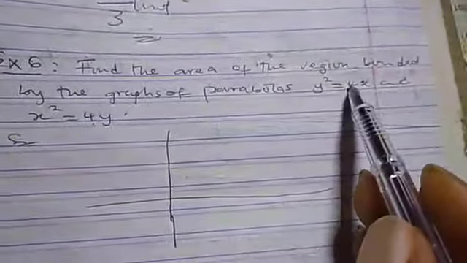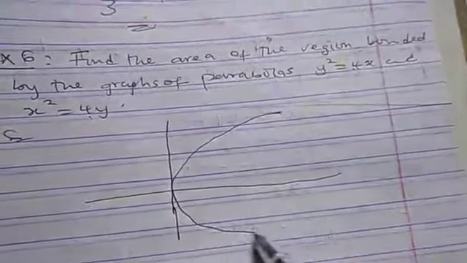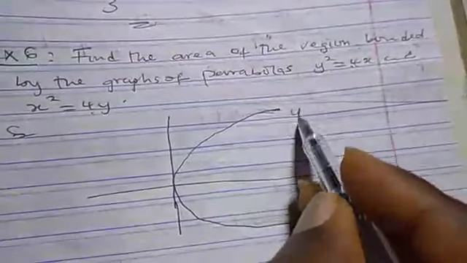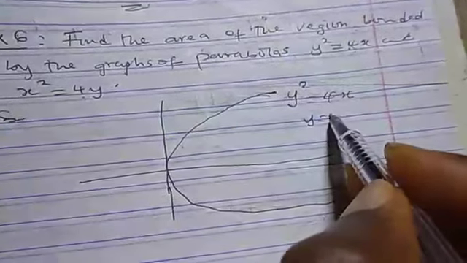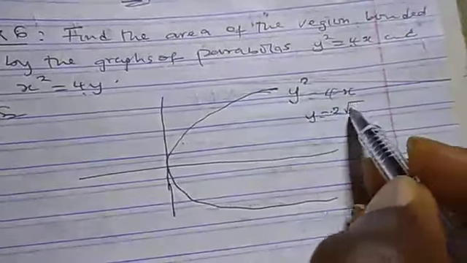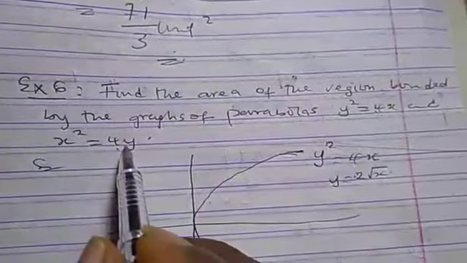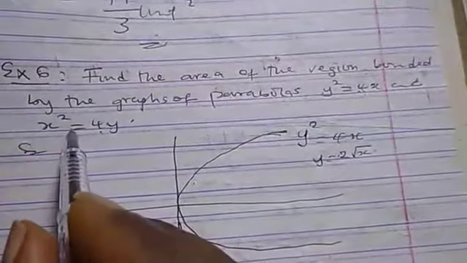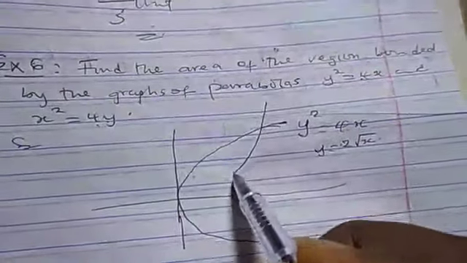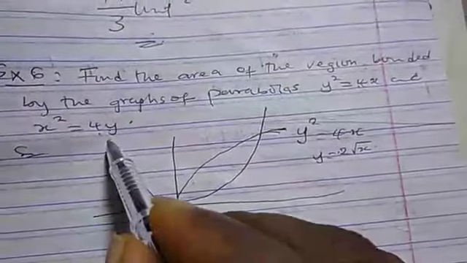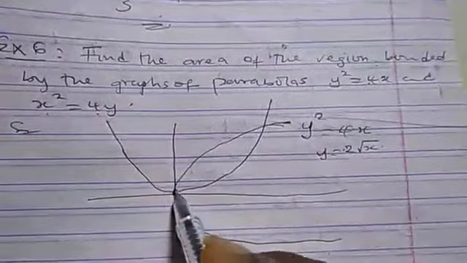The first one, y squared equals 4x. This is the graph of that one. This is the graph y squared equals 4x, or we can say that y is equal to the square root of this, that is 2 root x. But this one, x squared is equal to 4y. You know, this is the graph, x squared is positive, and it only has this part here.